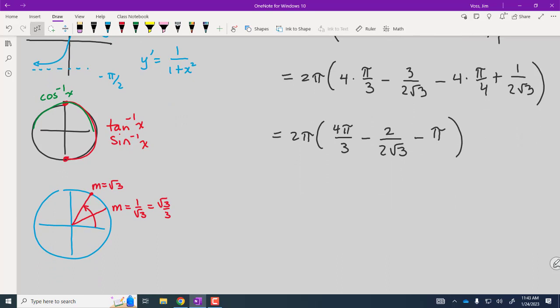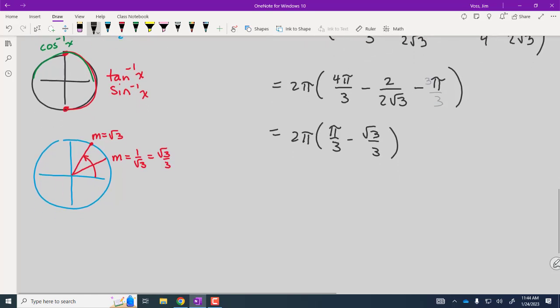This pi over here, we can do the common denominator thing. So we're going to end up with 2 pi multiplied by 4 pi over 3 minus 3 pi over 3, which is 1 pi over 3. Here the 2's cancel. We have 1 over root 3, which is root 3 over 3. And for the final answer, we can just get a common denominator of 3, so we have that.